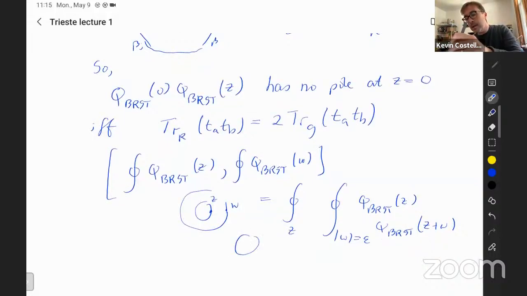Like this, and the other one goes around like that.